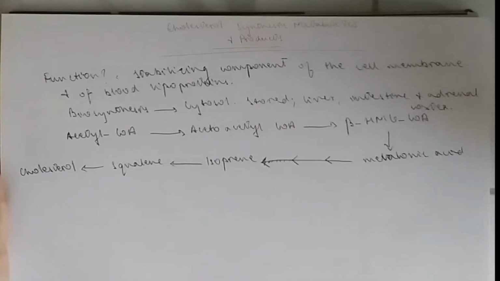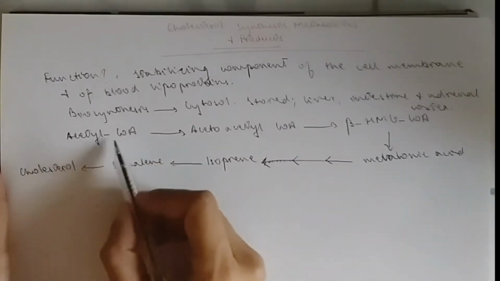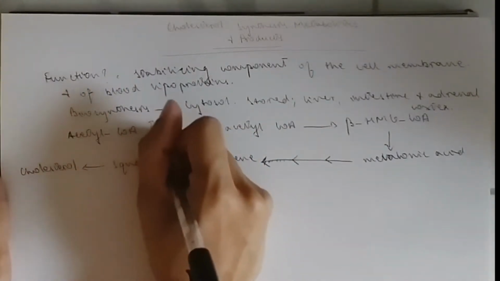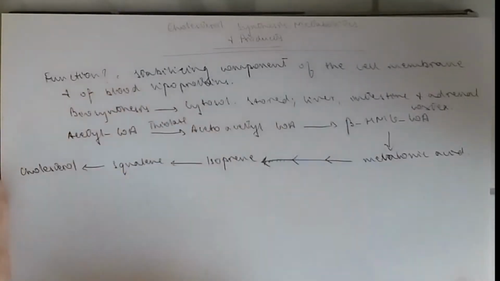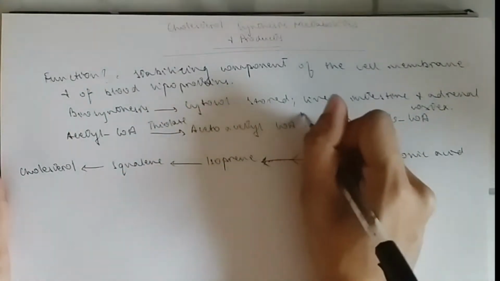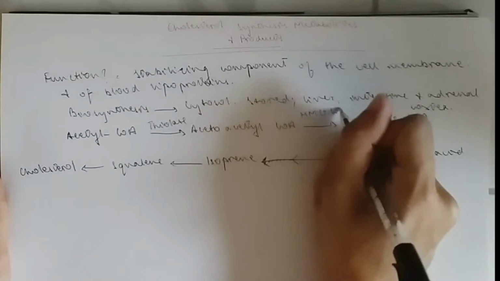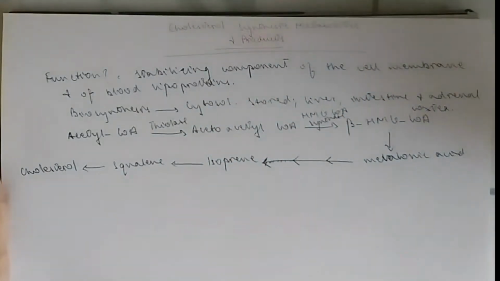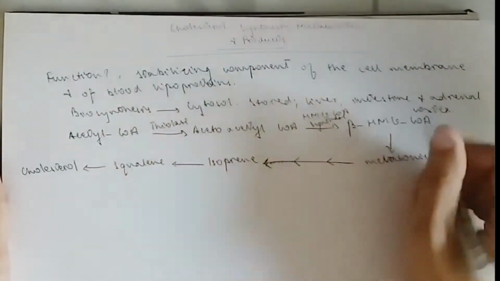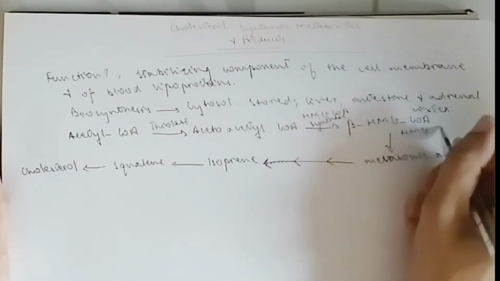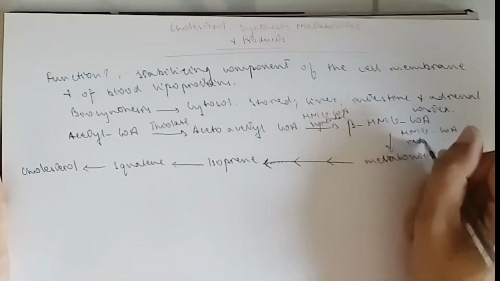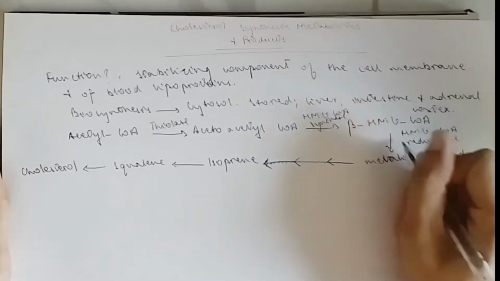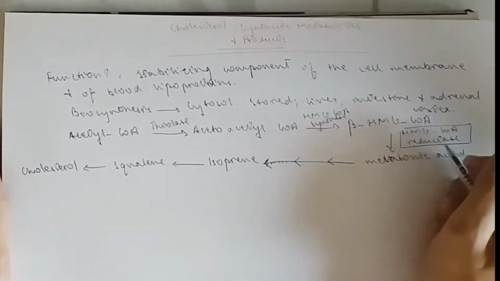Now moving on to the enzymes. So acetyl coenzyme A, to the other one is thiolase. Then you have HMG-CoA synthase, which is pretty simple. Then you have HMG-CoA reductase, which is the key control step, by the way. So the rate limiting step, right?